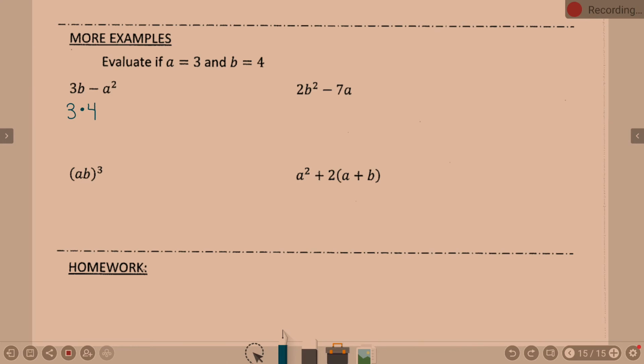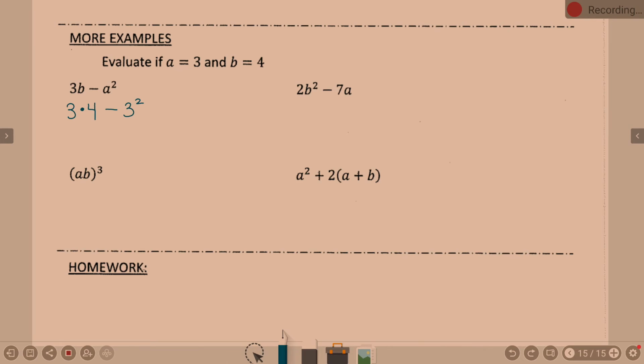So 3B is 3 times 4, minus A squared, 3 squared. Now, this is where you have to look back at your paper. What does Aunt Sally want you to do first here? That exponent. If you use parentheses, note the parentheses are just around the 4, so there's nothing to do in the parentheses.